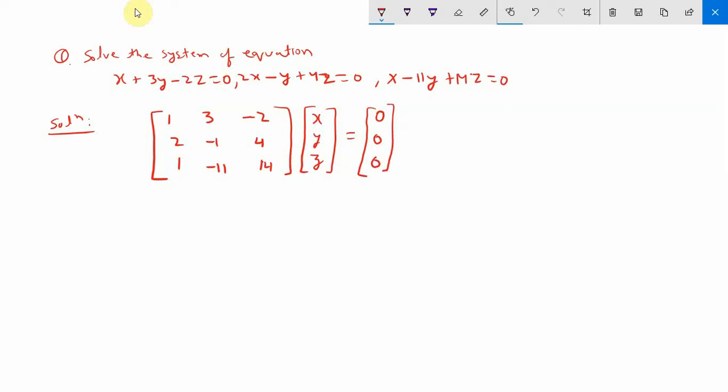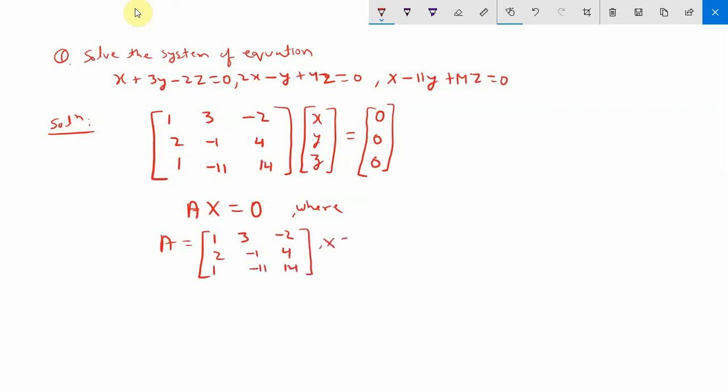Okay friends. So if we see, we have equations of the form AX equal to null matrix, where A equal to 1, 3, minus 2; 2, minus 1, 4; 1, minus 11 and 14.